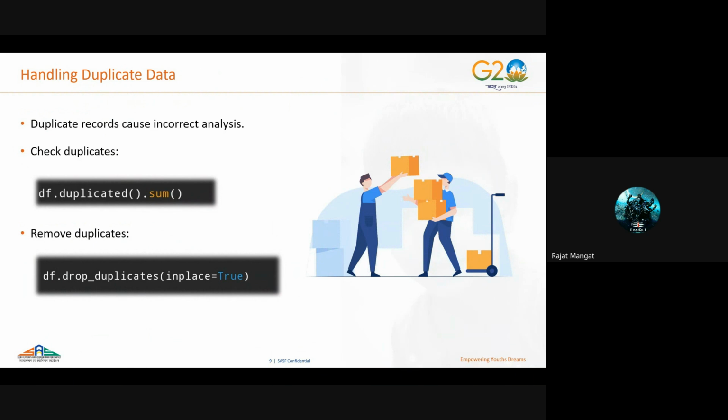So inplace equal to True is basically used to replace those values in that particular file only. Once you have deleted the row, it will not get undone again.